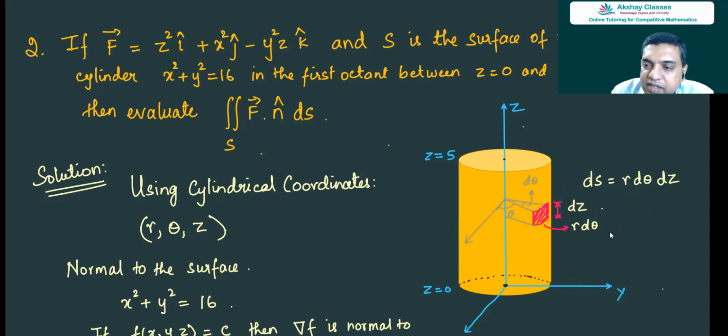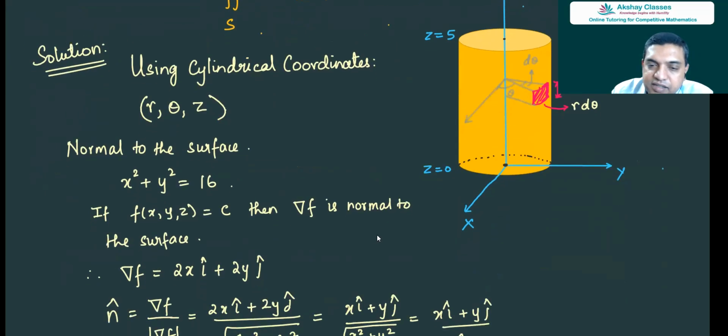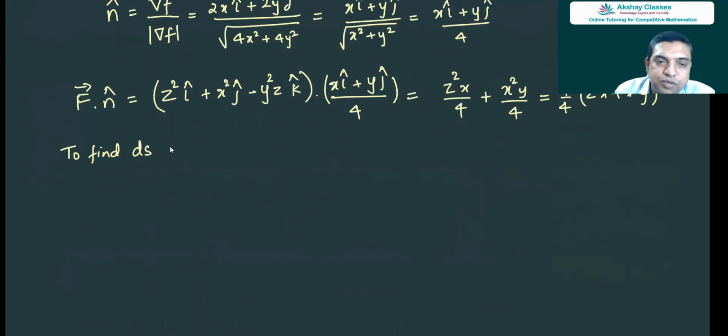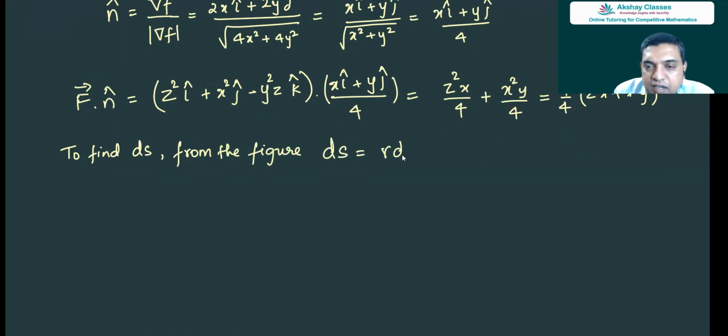So to find ds from the figure, ds is r d theta dz, and r is 4. The radius is 4. So ds is 4 d theta dz.